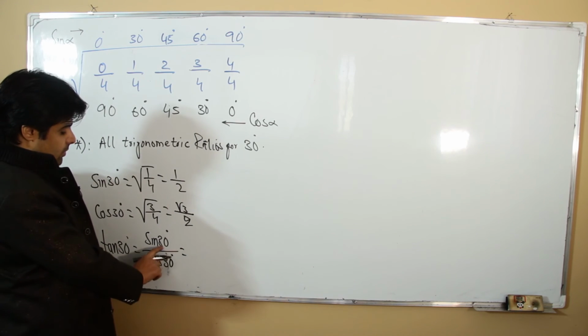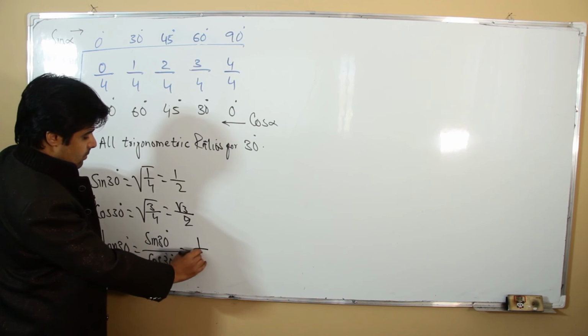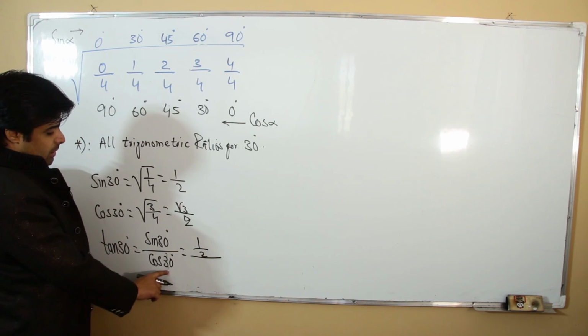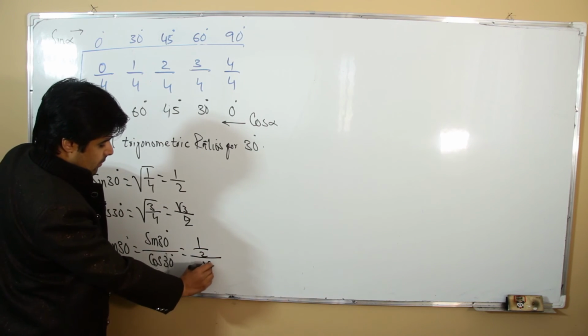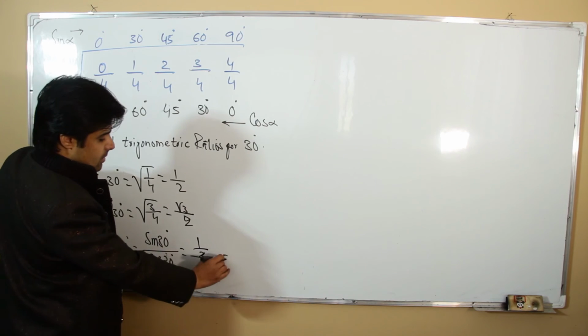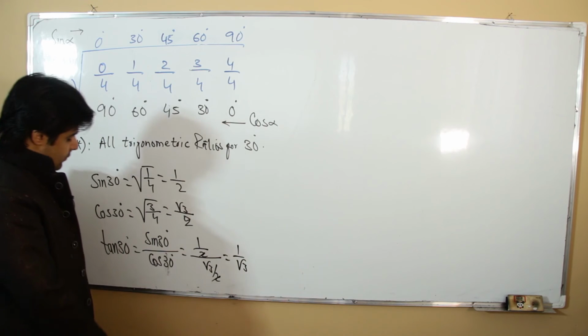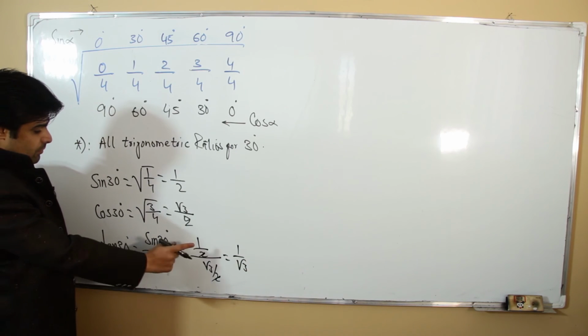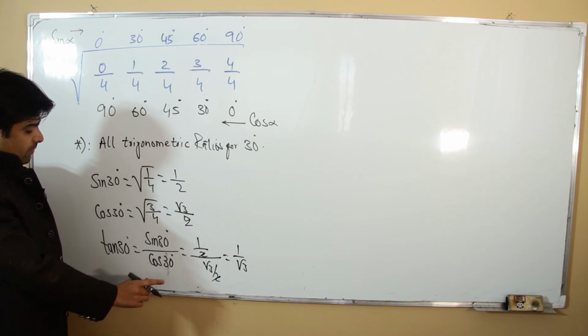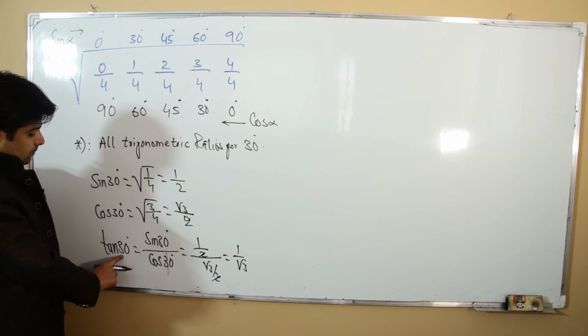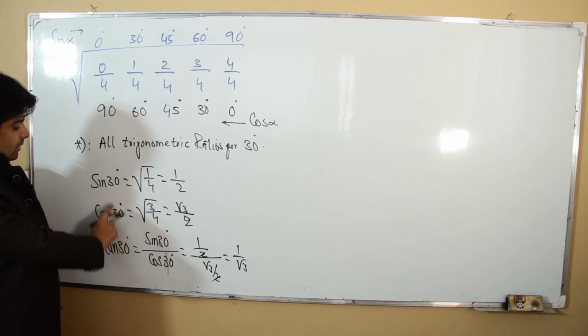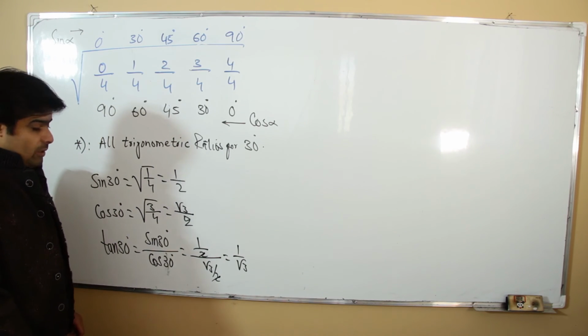What is the value of sine 30? It is 1 divided by 2, divided by cosine of 30, root 3 divided by 2. This 2 is cancelled, 1 divided by root 3. Now, if you define tangent, you are able to define cotangent. Why? That is the reciprocal of tangent. Sec is the reciprocal of cosine, and cosec is the reciprocal of sine.